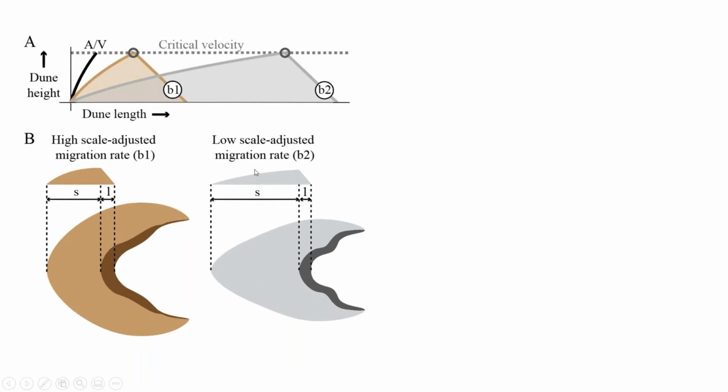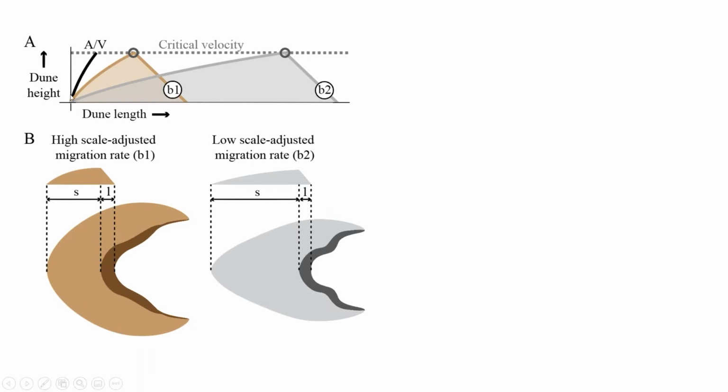So the speed of the dune is the lowest at its base, and it increases progressively towards the top. Eventually, the speed reaches a point where it's too high for the sediment to be contained within the dune. So I call that the critical velocity.